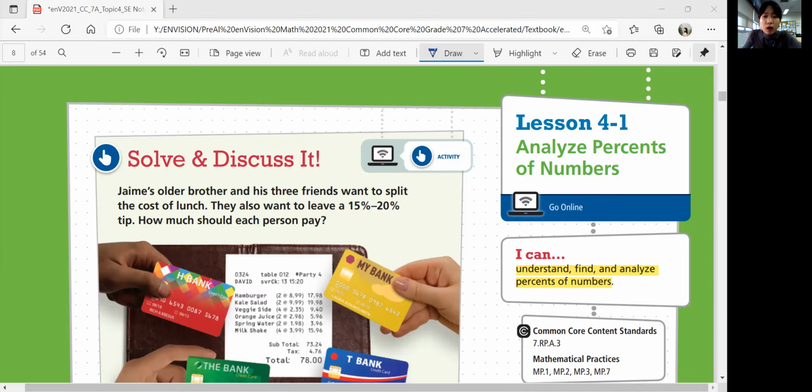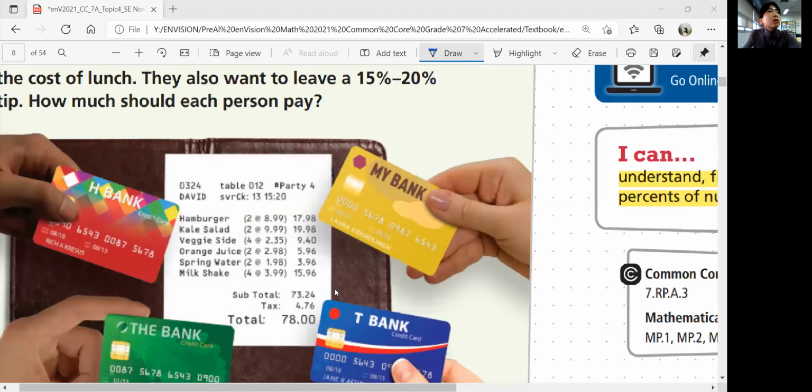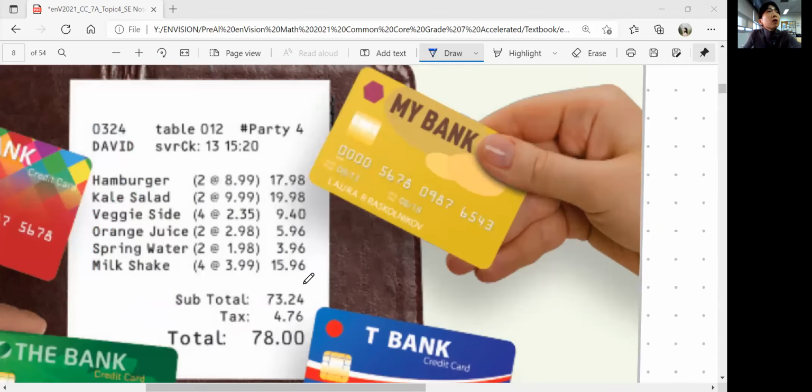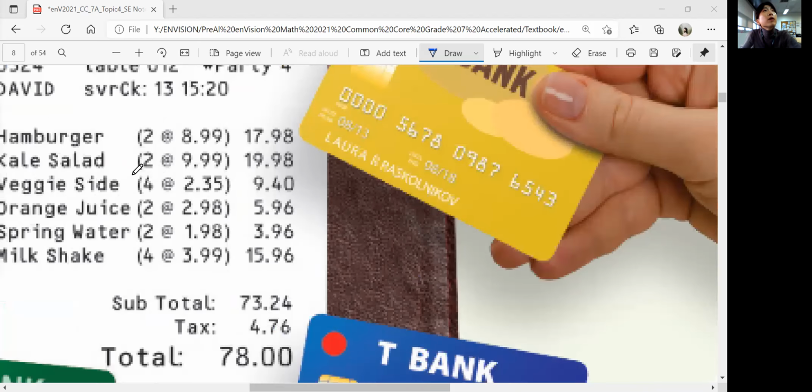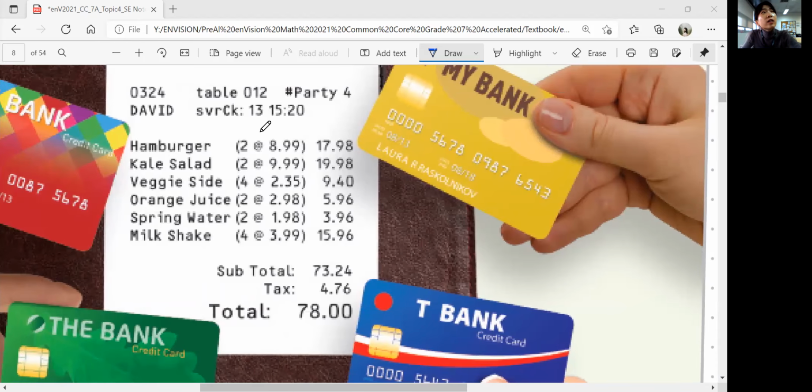So look at their menu. Okay, let's close up. So party of 4, they got 2 hamburgers that cost $8.99 each, 2 kale salads, 4 veggie sides, 2 oranges, 2 spring waters, and 4 milkshakes.